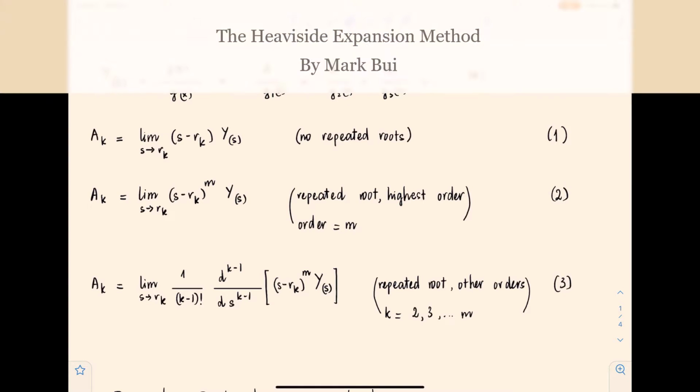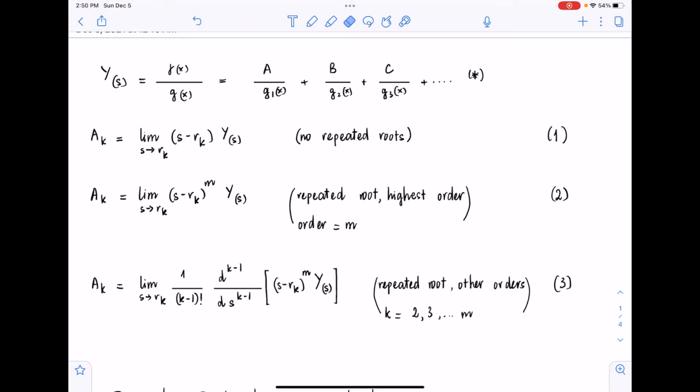In this video, we'll talk about the Heaviside expansion method to solve differential equations using Laplace transform. This method is a great alternative to the partial fraction method since the mathematics can get messy using partial fractions. One question we might often be asked is to find the inverse Laplace transform of Y(s).